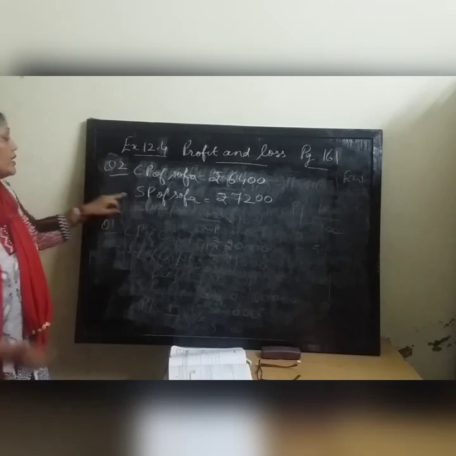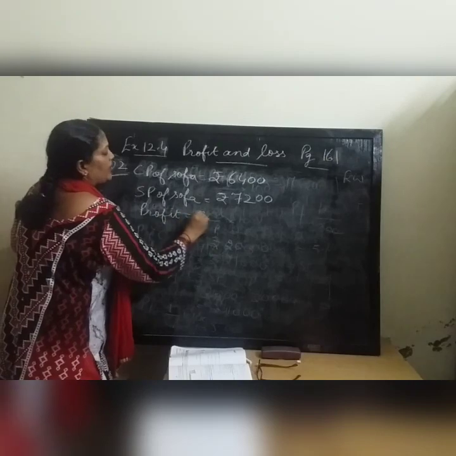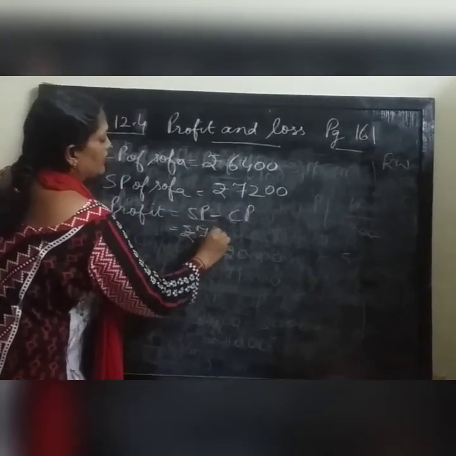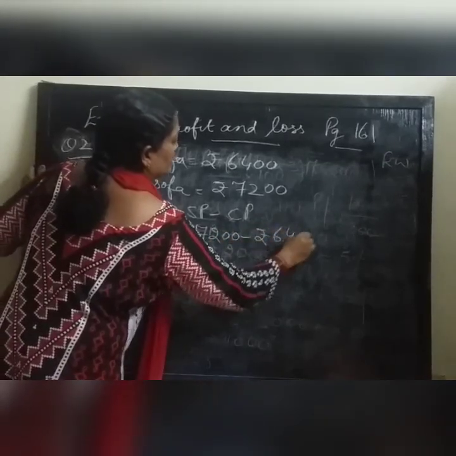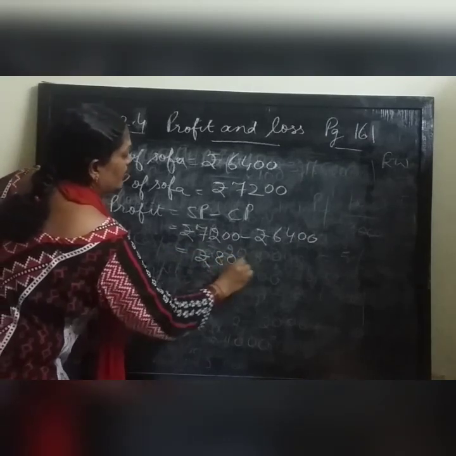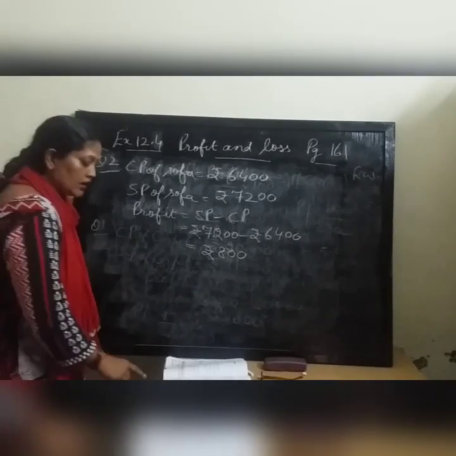That means there is a profit. Profit is SP minus CP. That is rupees 7,200 minus rupees 6,400. So subtract it, we will get rupees 800. You can subtract it in the rough column.